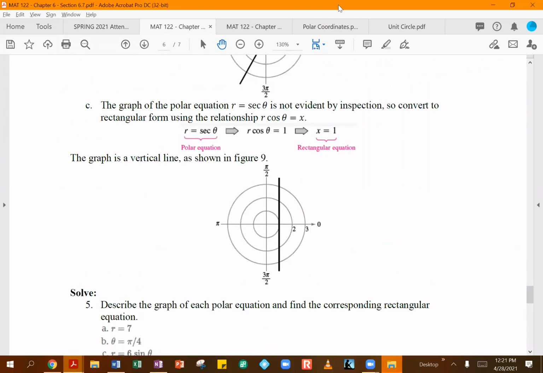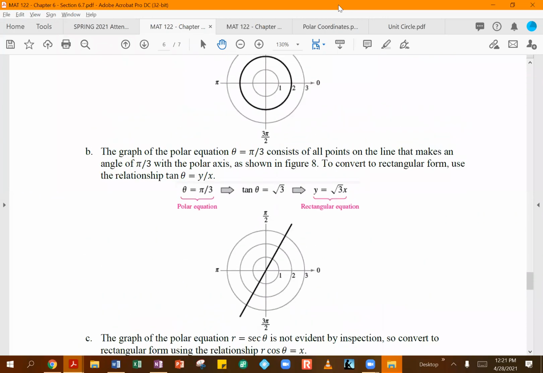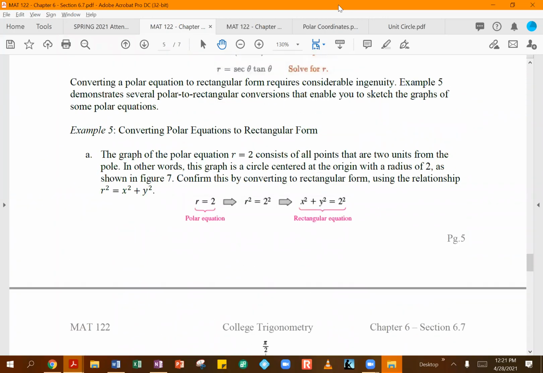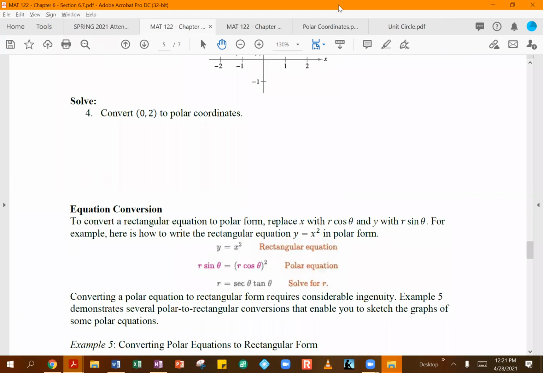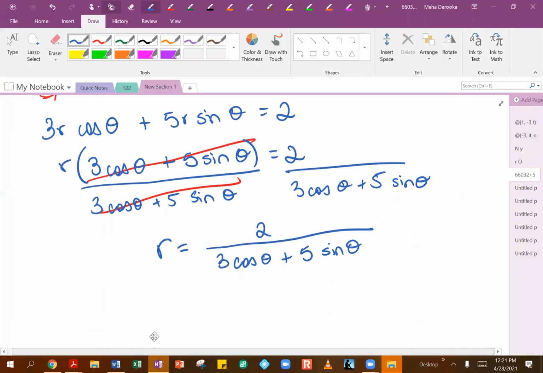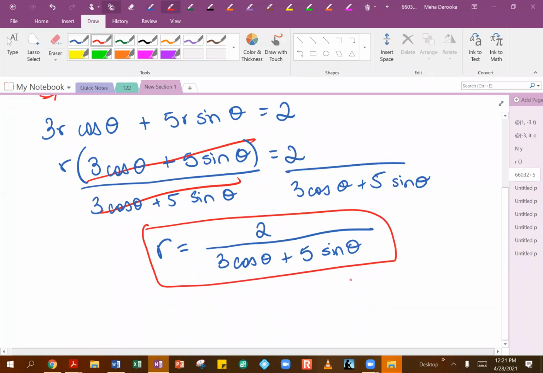How did that happen? Okay, not sure how I left that out, but that's okay. You guys at least got to see an example here. So this is what you are looking for. This is going to be our final answer, the polar form of the rectangular equation.